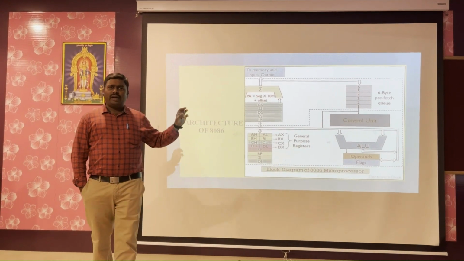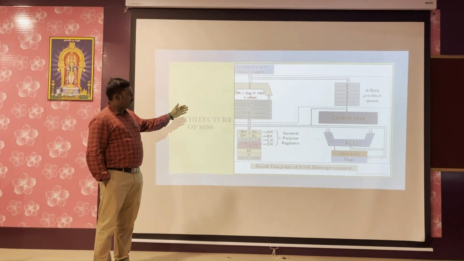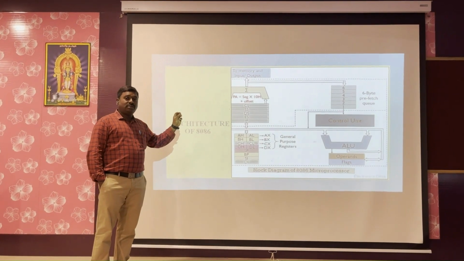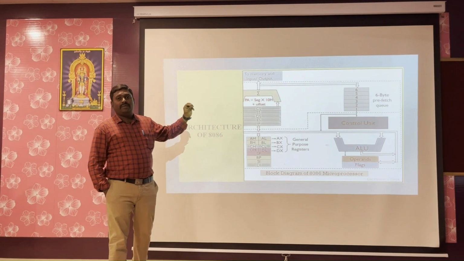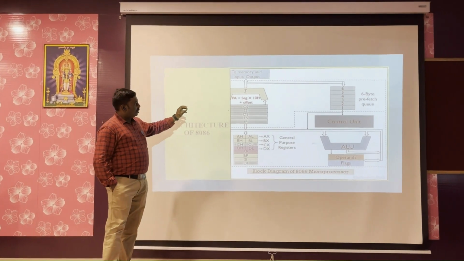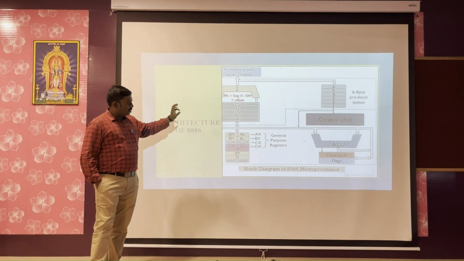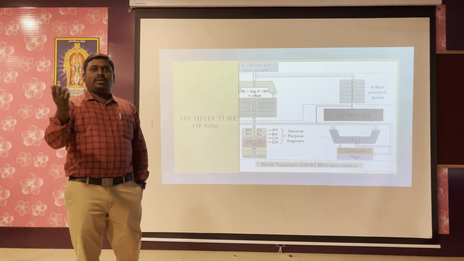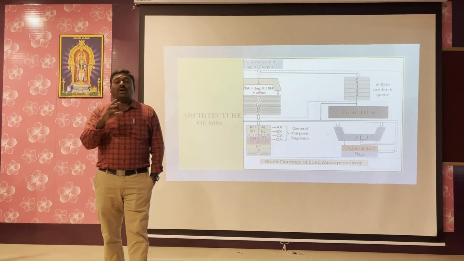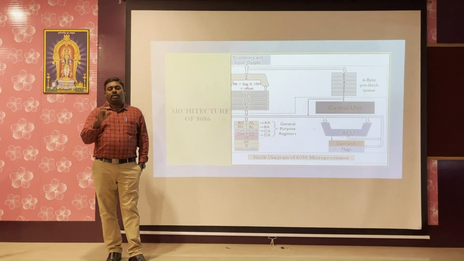Forward we have segment registers like code segment, stack segment, data segment and extra segment. Each segment register is connected with pointers. The code segment has the instruction pointer, stack segment has the stack pointer, data segment has the source index, extra segment has the destination index. So how do you calculate the physical address of the data? I said it is 20-bit address lines.